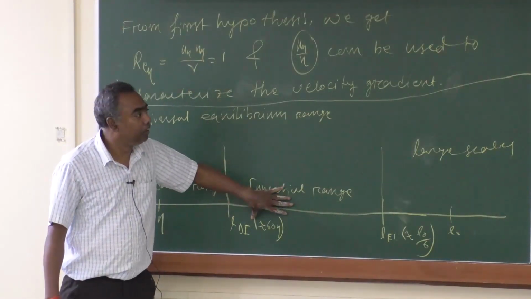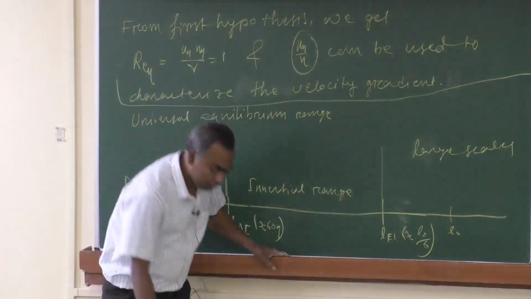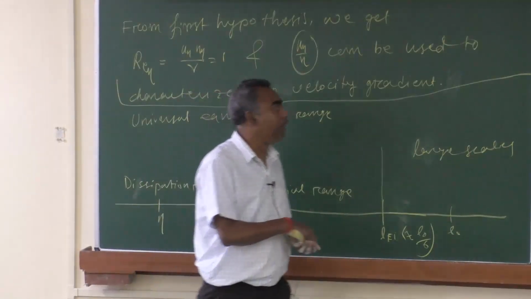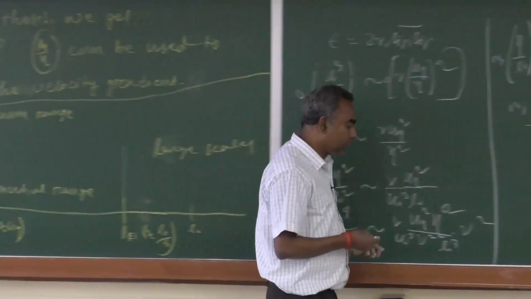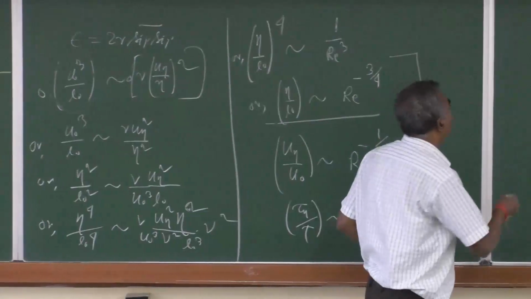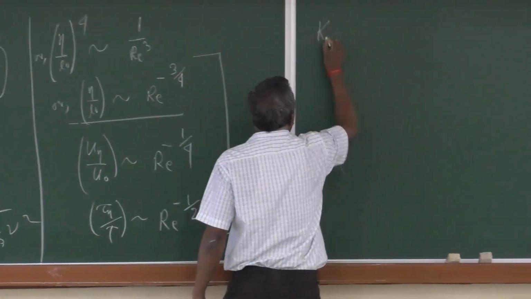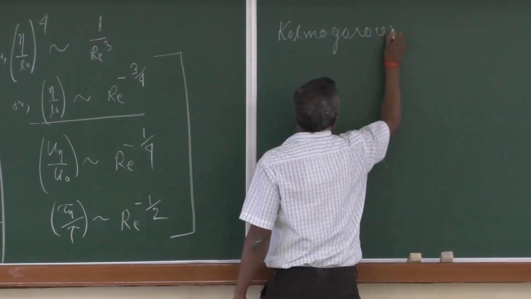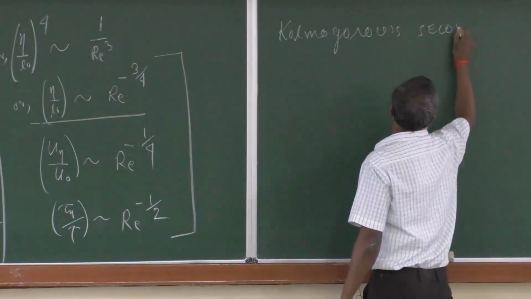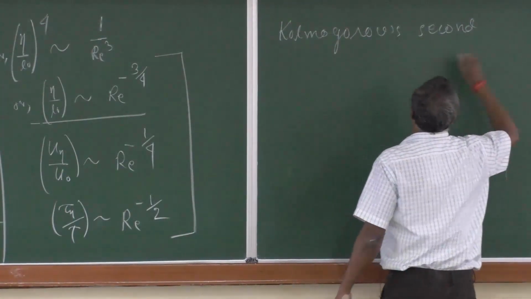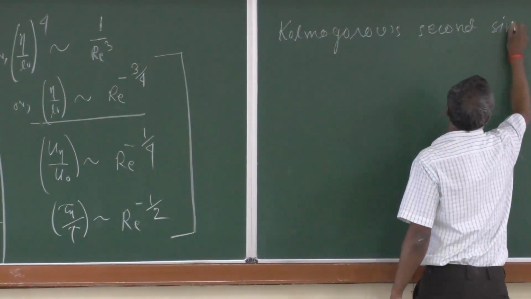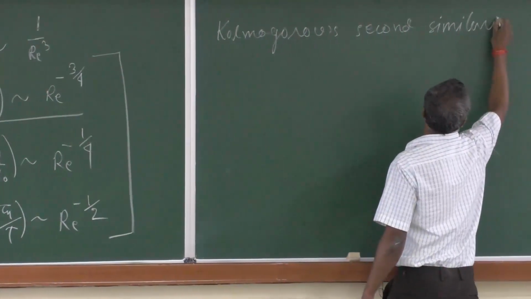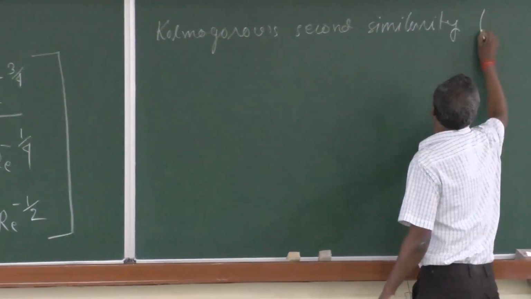So, that was his argument, and he put this particular argument in terms of his second similarity hypothesis. So, what we are going to talk about is Kolmogorov's second similarity hypothesis. Okay.